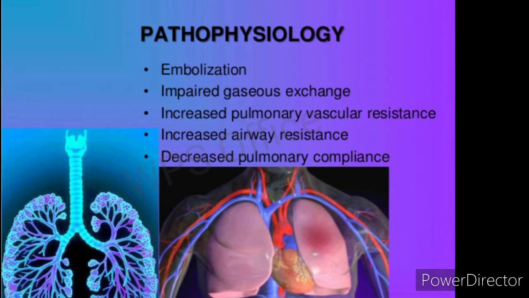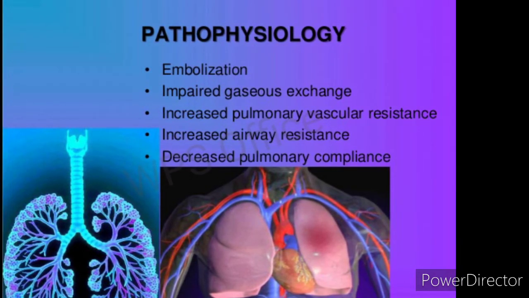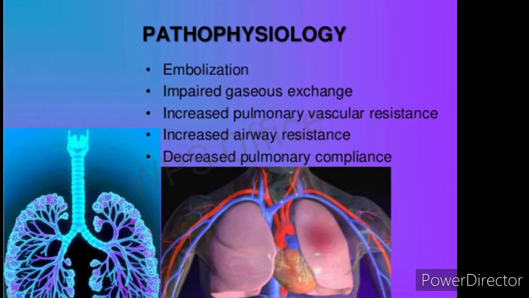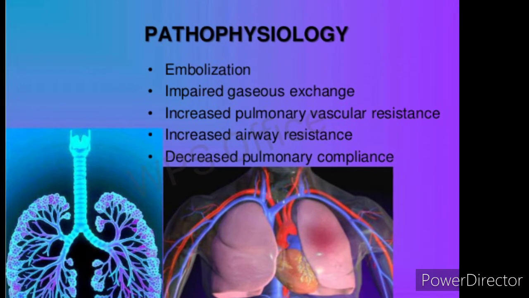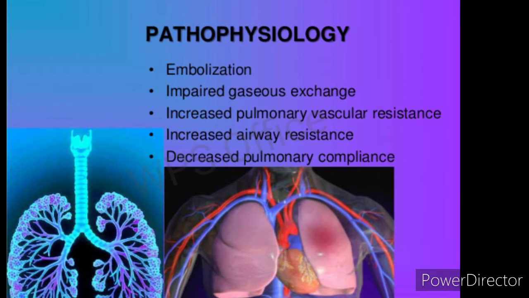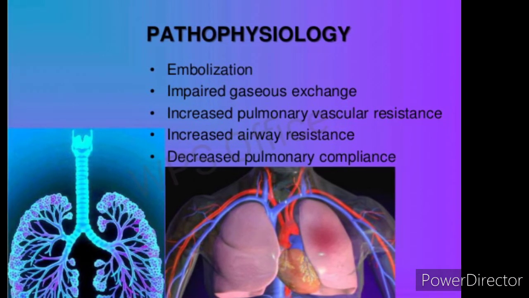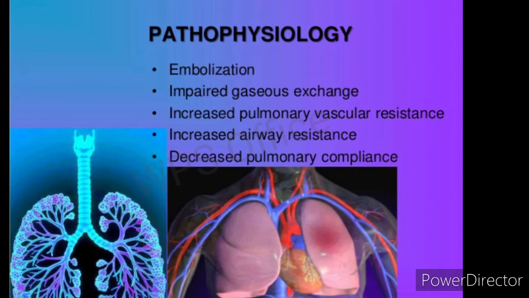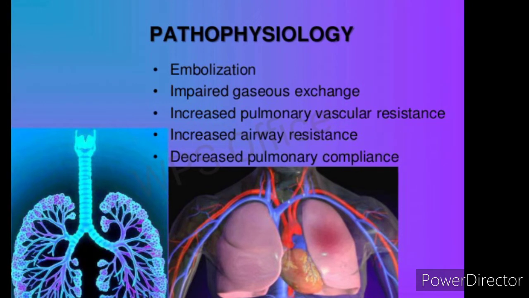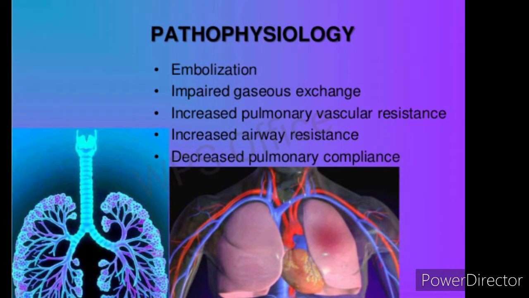Then in the pathophysiology, terms like embolization, impaired gas exchange, and increased pulmonary vascular resistance will be there. First, embolization. Embolization means a blockage of the circulatory passage by the thrombus.